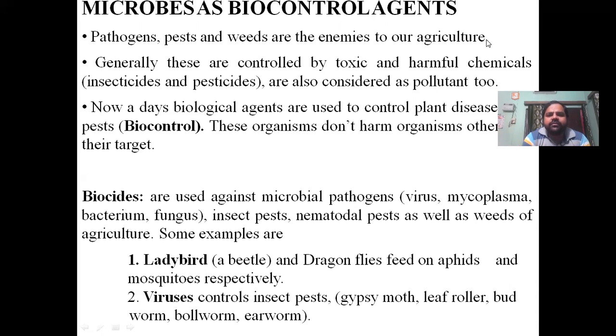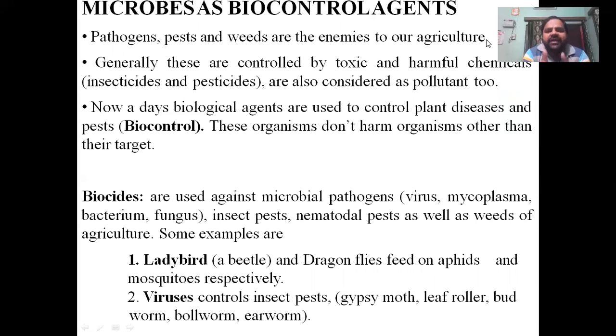So nowadays, biological agents have been used to control disease and pests. This is called biocontrol. It means when we use biological agents to control pathogens, pests and weeds, the term used is biocontrol. These organisms do not harm organisms other than their target.